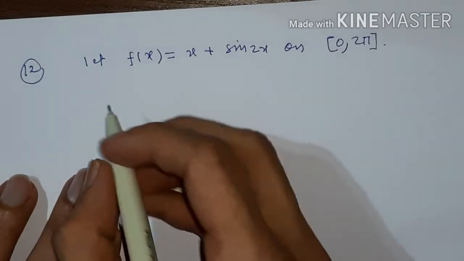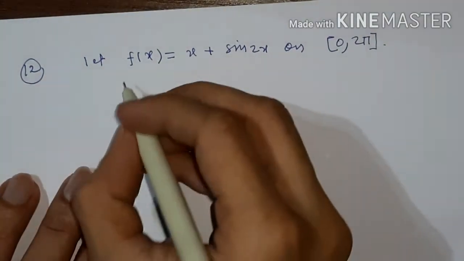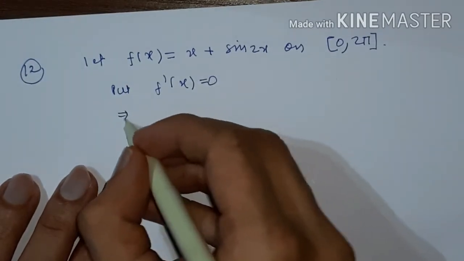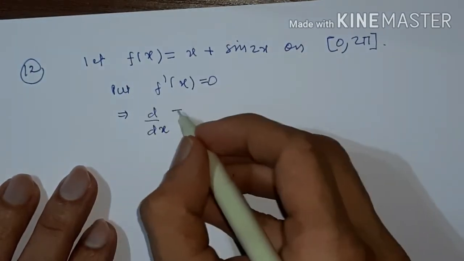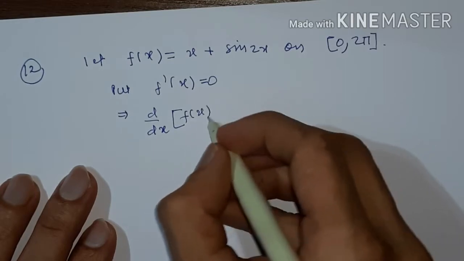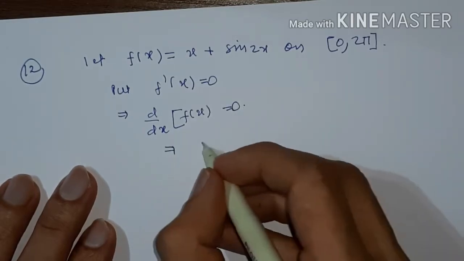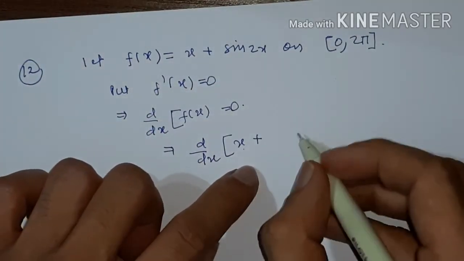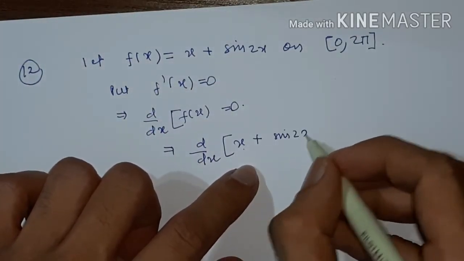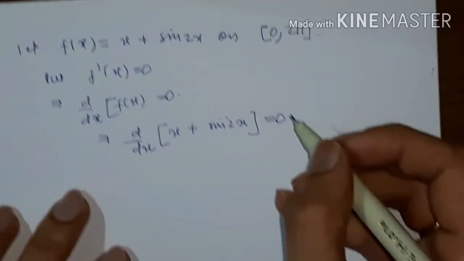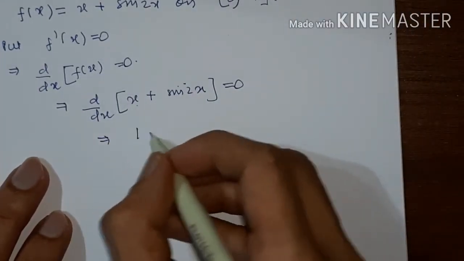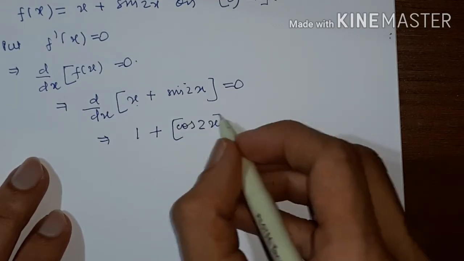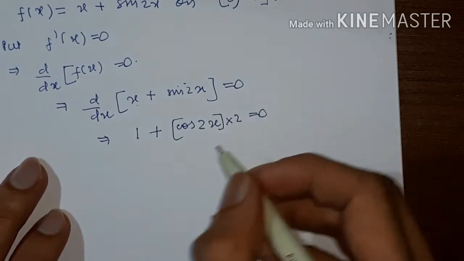Okay, so let us start by finding the critical points. So put f prime of x equal to 0. That is nothing but the derivative of f of x equal to 0. The derivative of x plus sine 2x equal to 0, so that means 1 plus cos 2x multiplied by 2 is equal to 0.